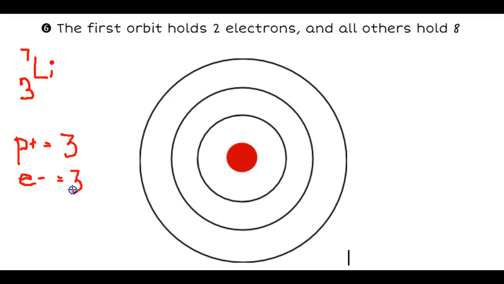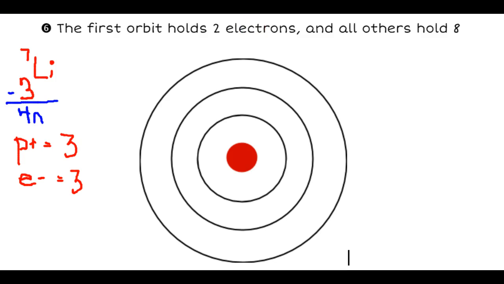The neutrons are a little less obvious. I need to take the mass number, which is the protons plus the neutrons, and subtract the atomic number. So I have 7 minus 3, or 4 neutrons.